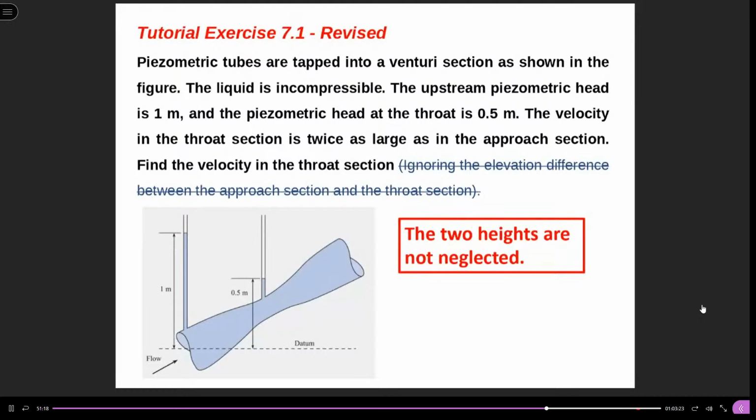In addition, one of the exercises in tutorial 7 needs to be revised. This tutorial. The elevation difference between the approach section and the throat section was ignored, but in fact, for this question, the two heights are not neglected.